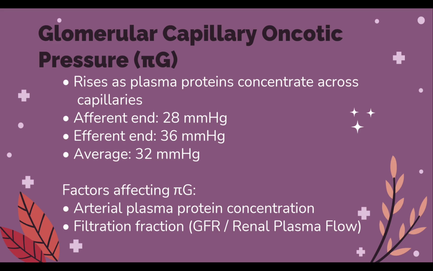They are the arterial plasma protein concentration and the filtration fraction. We get the filtration fraction by dividing the glomerular filtration rate by the renal plasma flow. So for the glomerular capillary oncotic pressure, the renal plasma flow also has an effect, as the filtration fraction is also affecting it.